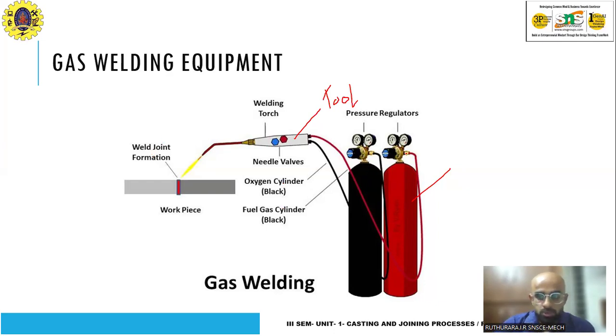The fuel cylinder is red in color and the black cylinder indicates the oxygen cylinder. These two together provide the heat necessary for the welding.